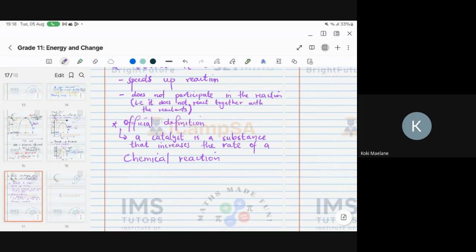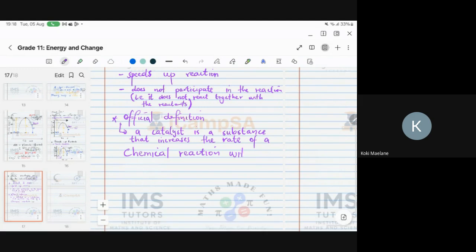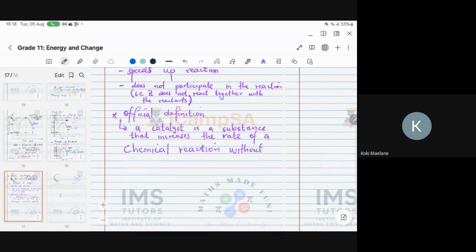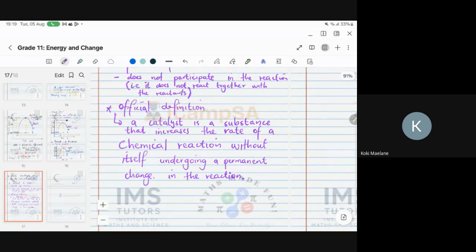So, without itself undergoing a permanent change, unlike the reactants that are involved. It may look like it's a long definition, but trust me, it's not that long. In the exam, if they ask you what a catalyst is, this is a free 2 marks, right?